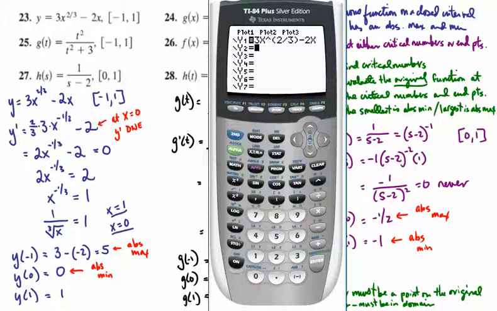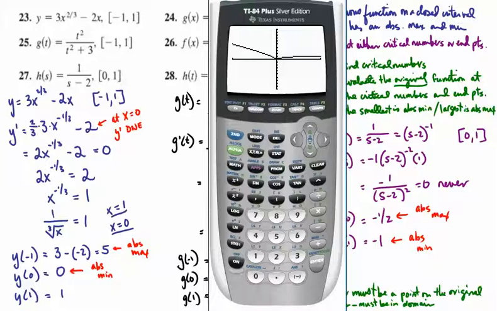Now, since we're only interested in the interval from negative 1 to 1, I'm going to go over to the window and just set my x min to be negative 1, x max to be positive 1, my x step or scale to be 1. The y values we'll leave as they are, and we'll go in to look at the graph.